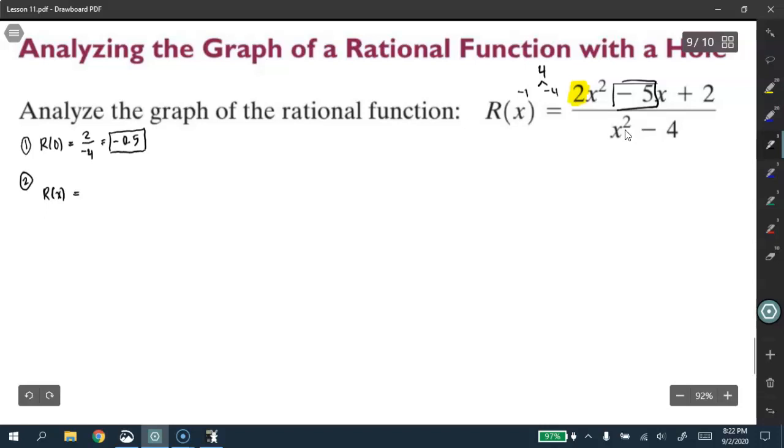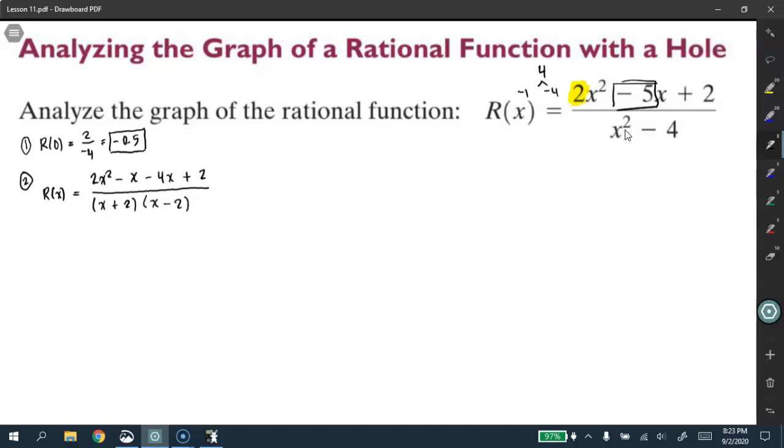We have 2x squared minus x minus 4x plus 2 in the numerator. And in the denominator, we can factorize that as well. That's simply x plus 2 times x minus 2. All right, we're still working with the numerator though.